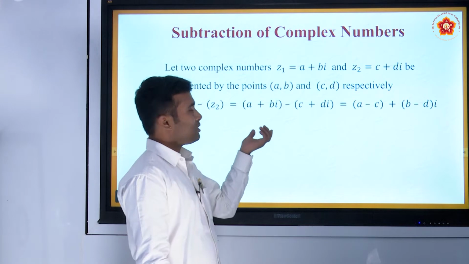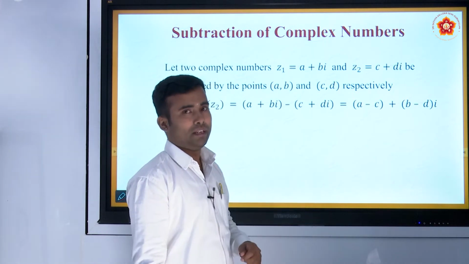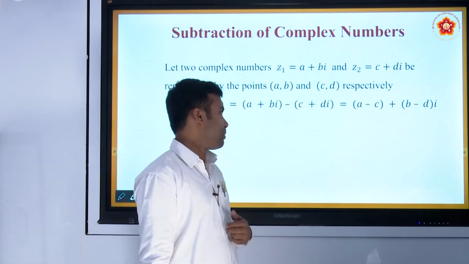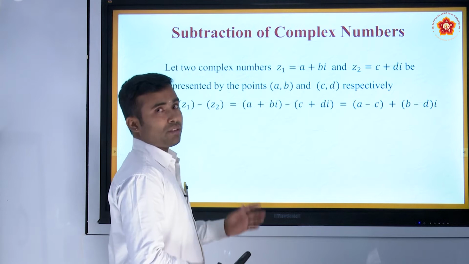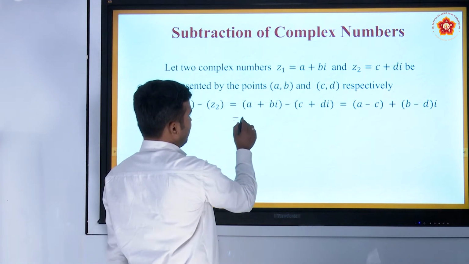With this, we have to subtract the real parts and imaginary parts separately. The corresponding real parts and imaginary parts have to be done separately. Then it gives the subtraction of complex numbers.